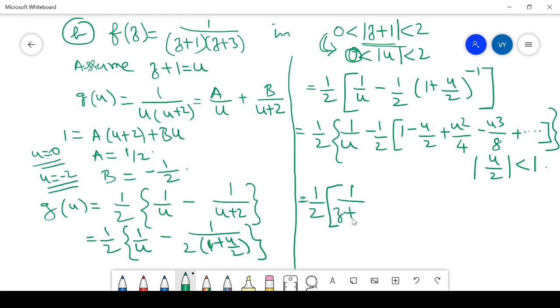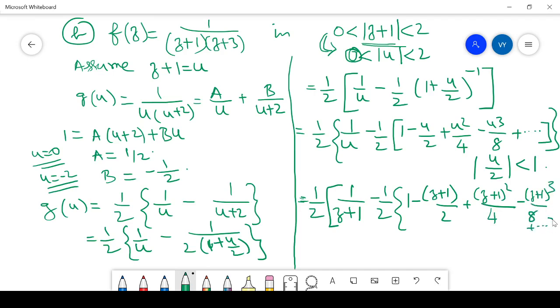So I will have 1 by (z plus 1) minus 1 by 2 times (1 minus (z plus 1) by 2 plus (z plus 1) whole squared by 4 minus (z plus 1) whole cube by 8 plus so on). This is valid if modulus of z plus 1 less than 2. Of course, it has to be greater than 0.